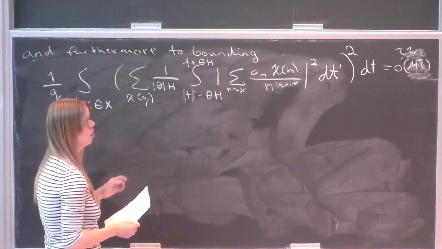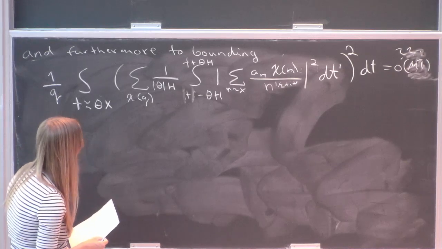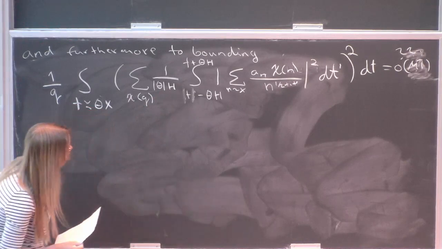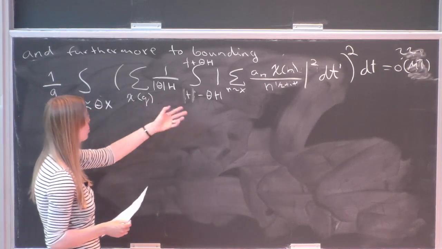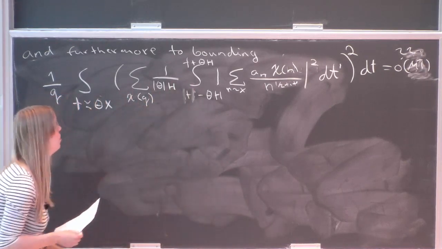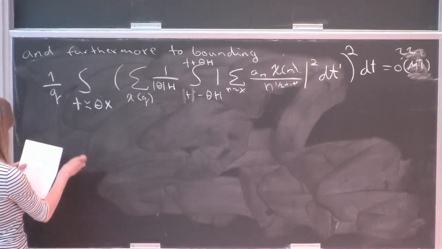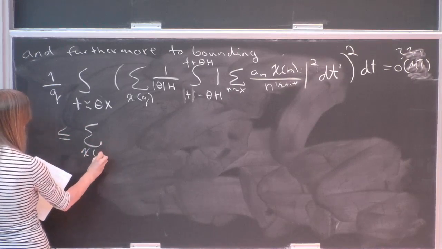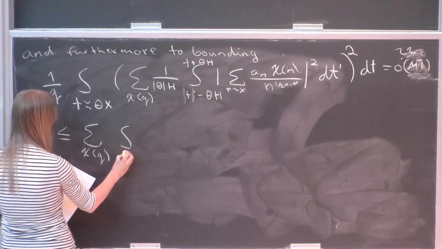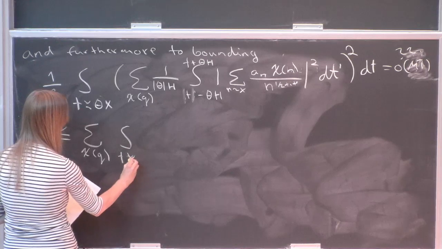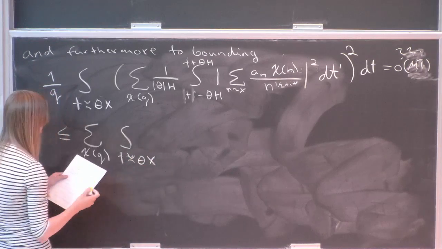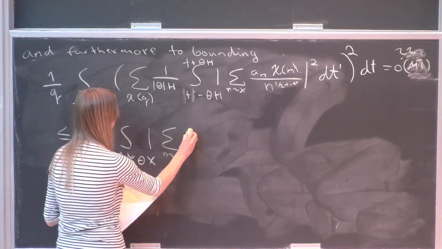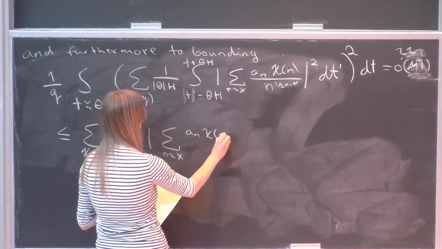No? Okay, good, thanks. Okay, so this looks quite messy, and we would like to just use Cauchy-Schwarz to get rid of this inner integral. We can bound this just by the sum over chi mod q and the integral of t around theta x, and then the mean of this integral here.